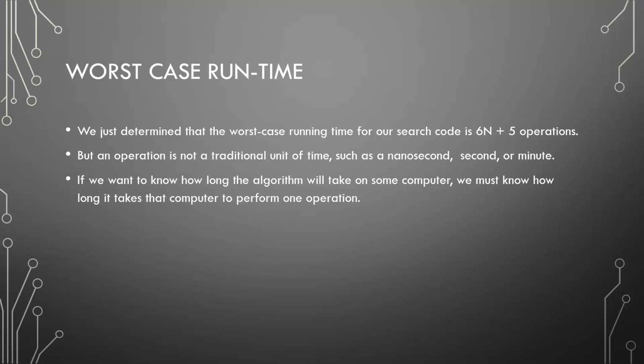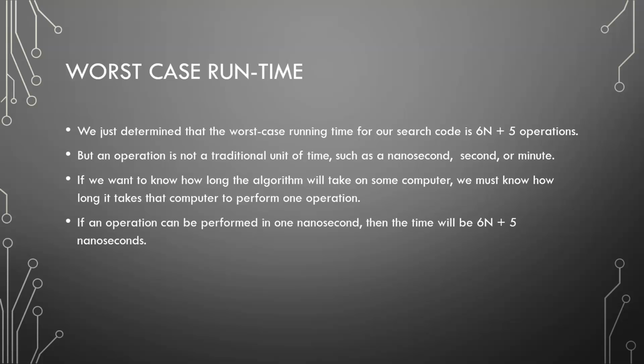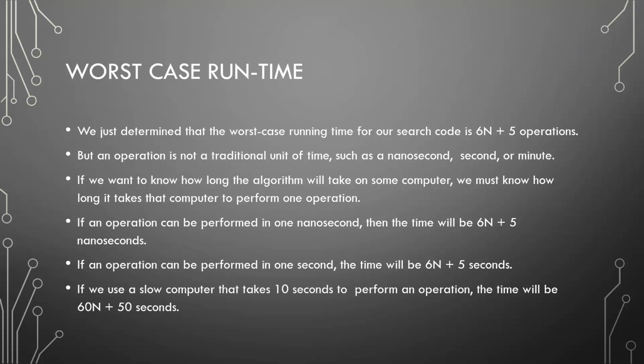So if we want to know how long the algorithm takes on a single computer, we just need to know how long it takes that computer to perform one operation. If an operation can be performed in 1 nanosecond, for example, then the time will be 6n plus 5 nanoseconds. If an operation takes 1 second, then it'll be 6n plus 5 seconds.